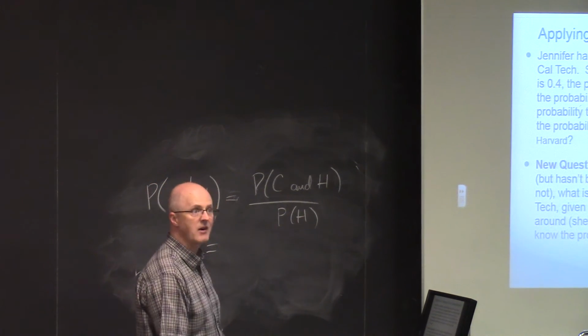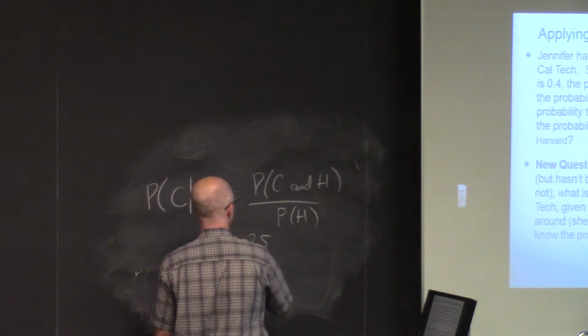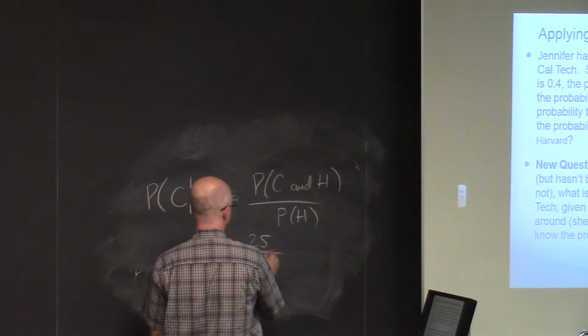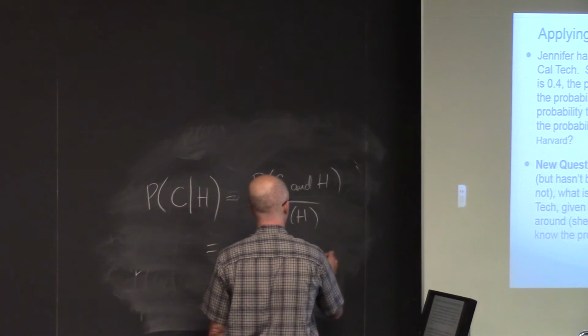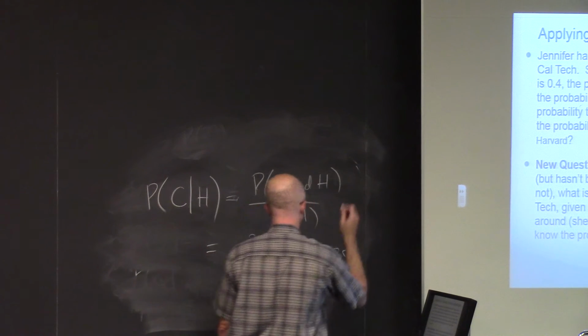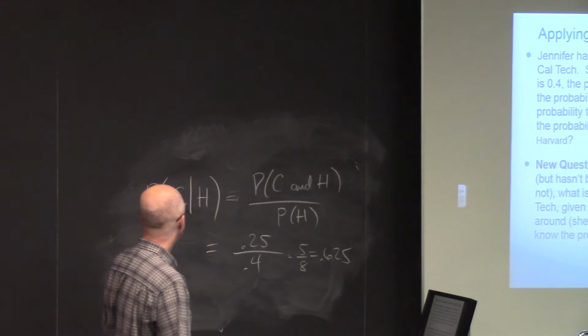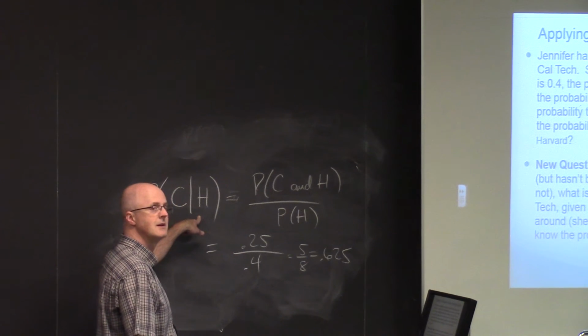These probabilities are in the problem statement. Her probability of getting into both is 0.25. Her probability of getting into Harvard was 0.4. That ratio turns out to be 5/8, or 0.625. A 62.5% chance of getting into Caltech if she knows she's been admitted to Harvard.